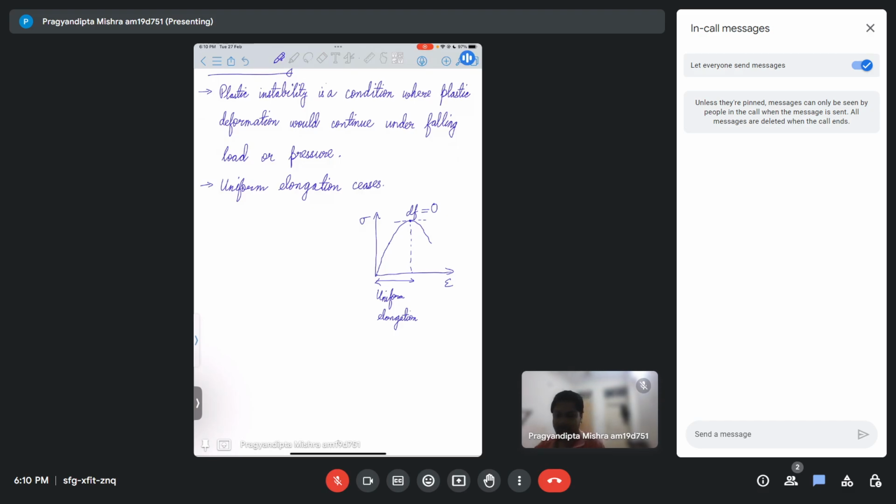Okay, let's write down that point about point of instability. So at point of instability, the force is maximum, right? Force or stress.